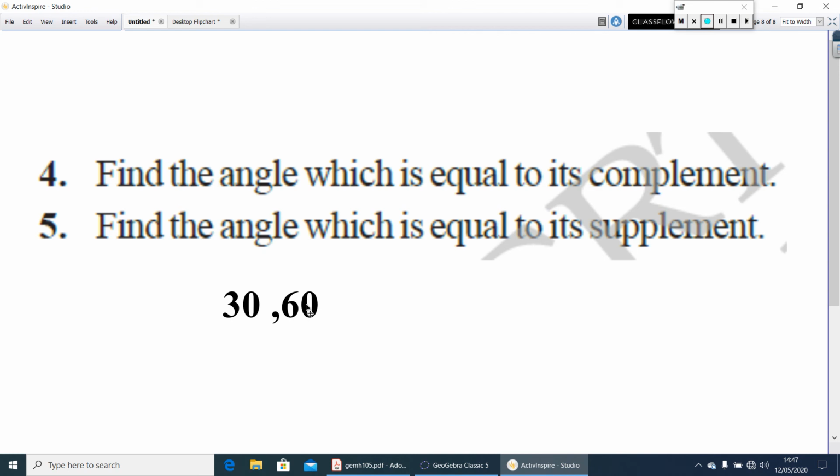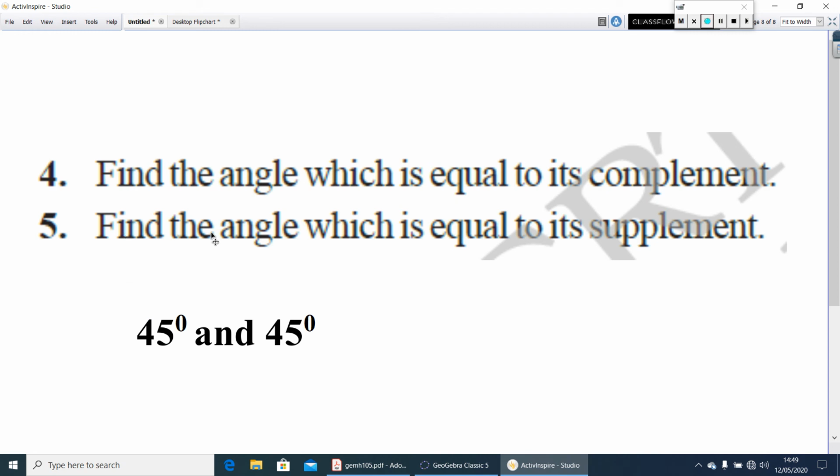Both angles should be equal and they are complementary. Consider 45 degree and 45 degree, they are equal, and the sum you are getting is 90 degree. Therefore, the answer is 45 degree. Question number 4, the answer is 45 degree and 45 degree.